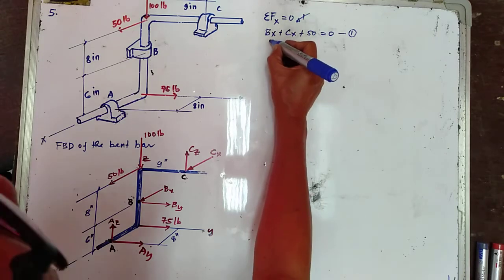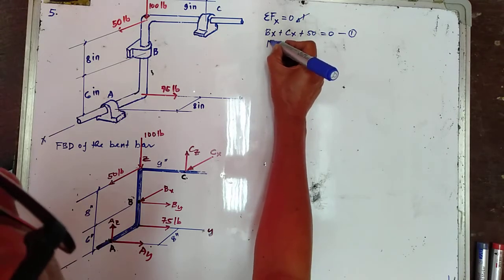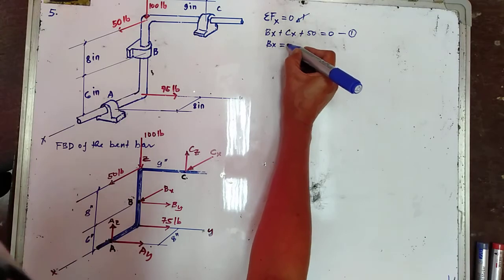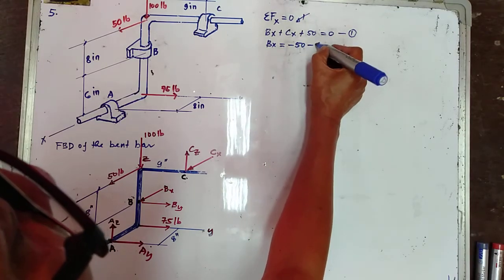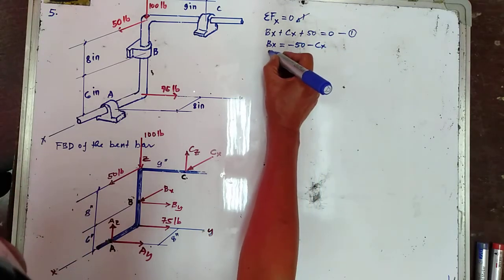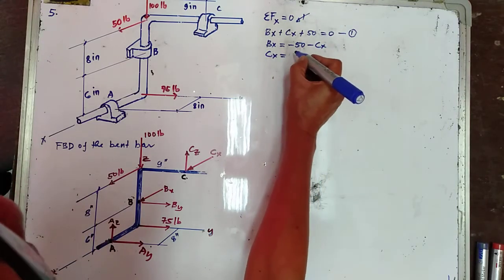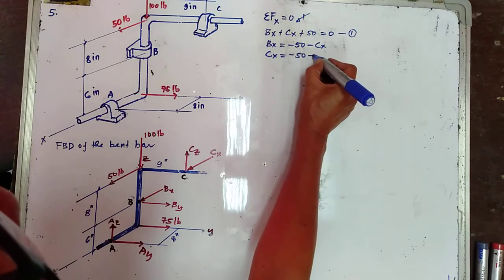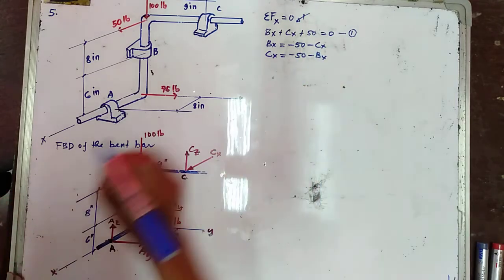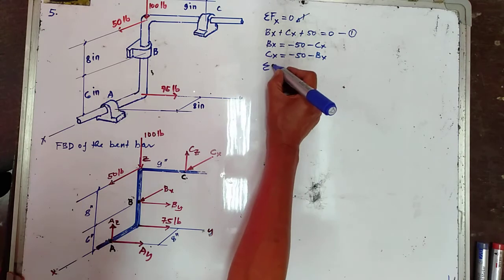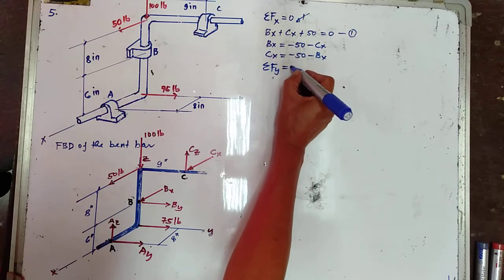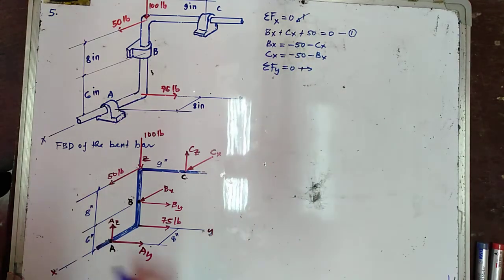Or, you try to get now your BX in here is equal to negative 50 minus CX. Or CX is equal to minus 50 minus BX. Now, summation of forces in the direction of Y is equal to 0, to the right forces positive.